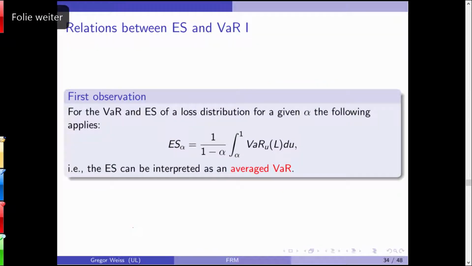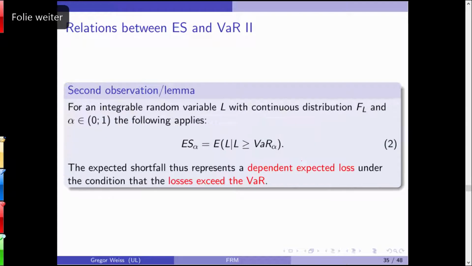But a much better way of looking at this is to observe that this is actually a type of average of different VaRs for different confidence levels alpha. But this also is not the most revealing interpretation and representation of the expected shortfall.